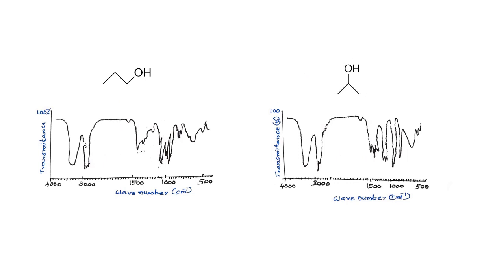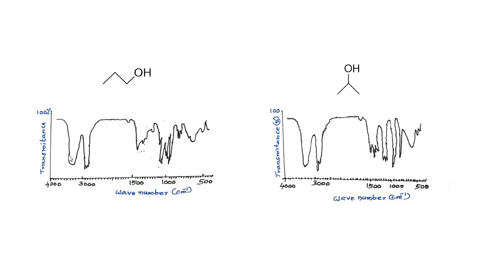You can see similar vibrational bands, or IR bands, are obtained in both cases above 1400 centimeter inverse, that is, in the functional group region. This indicates both compounds have the same functional group.